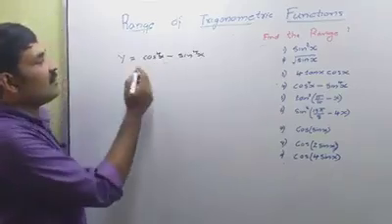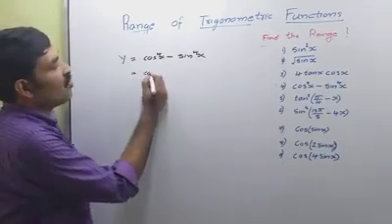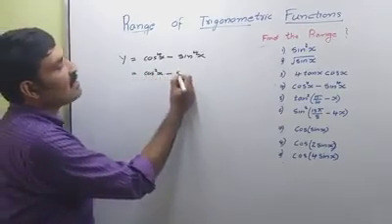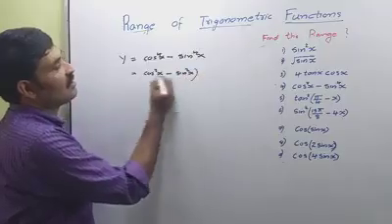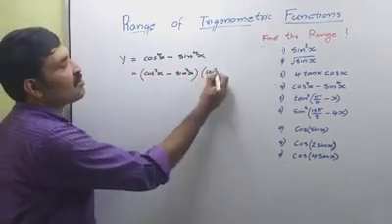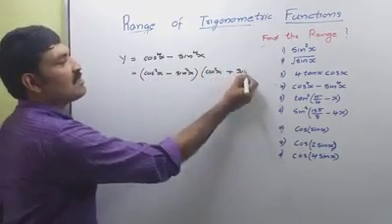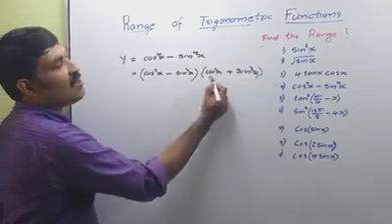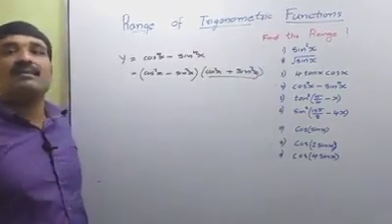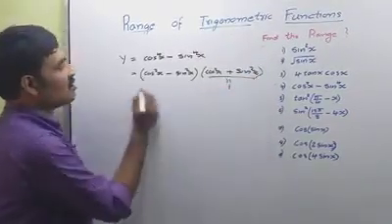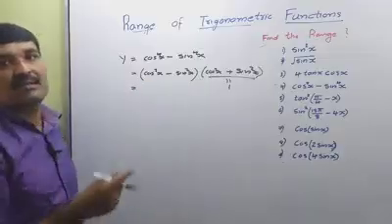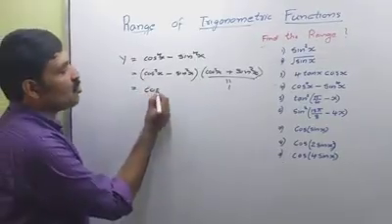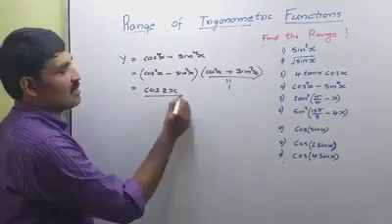We can write this expression as cos square x minus sin square x into cos square x plus sin square x. The value of cos square x plus sin square x is equal to 1. So this is equal to cos square x minus sin square x, that is equal to cos 2x.